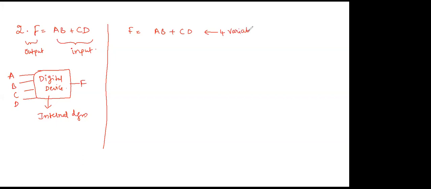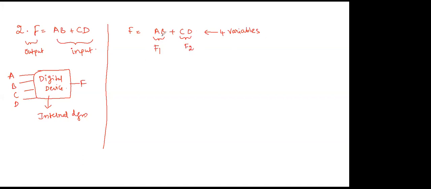Try to reduce these four variables into two variables by grouping two variables as one group. AB is one group, CD is one group. I am considering this group as F1, this group as F2.